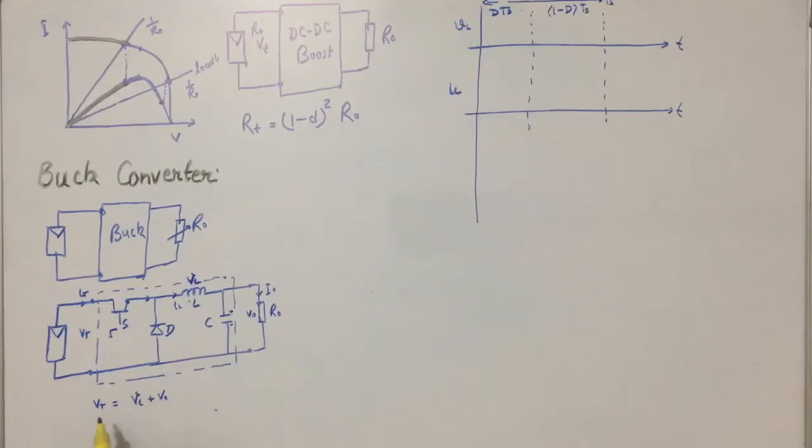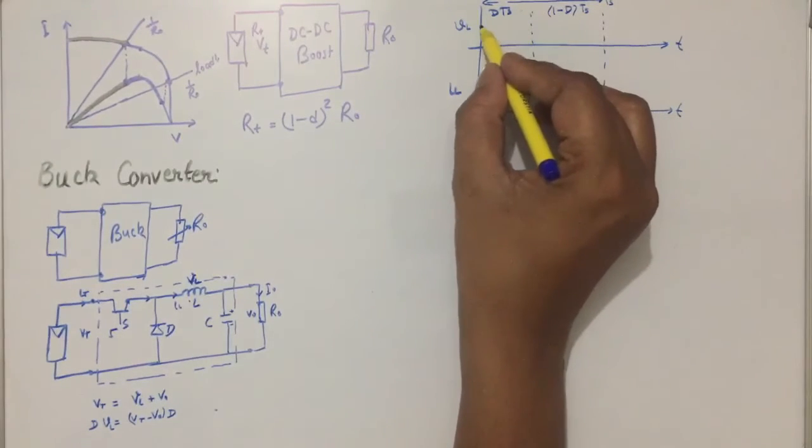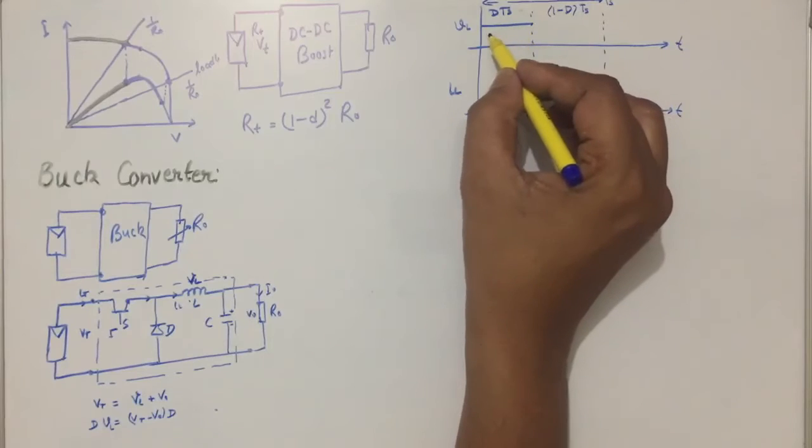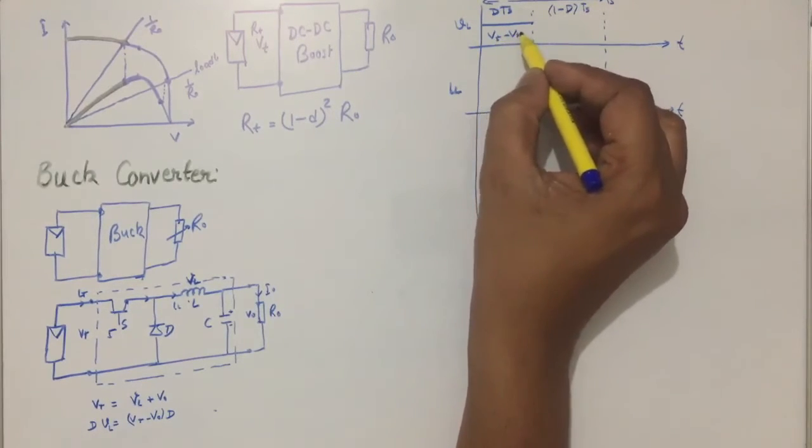So if we wish to find VL, then we can say Vt minus V0. And for this period, during D, the voltage is Vt minus V0.